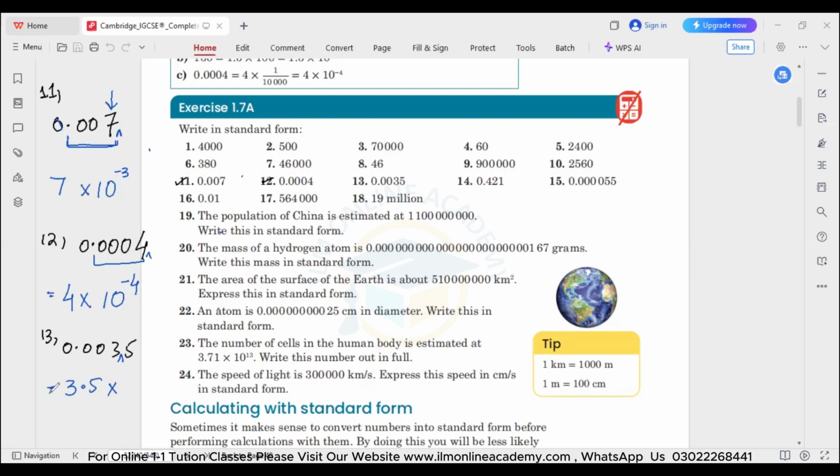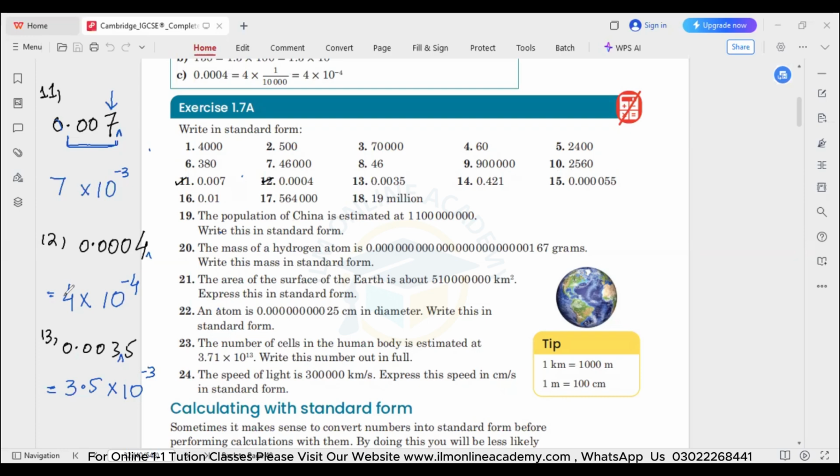So 3.5 will be the number, and in the form of power, again, you will be checking how many numbers are given in between point to point, like the point that you have applied and the point that they already been given. So accordingly, 3 numbers are there, but you need to apply -3 power. Okay. So in this way, you can represent some very small numbers.